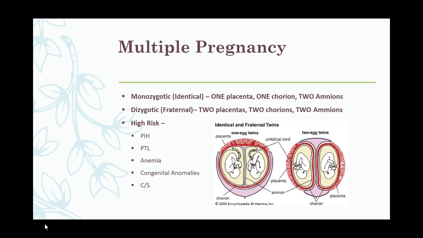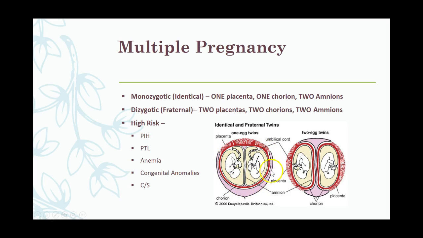All right, so let's look at this. So this is our mono twin, okay? This one on the left. We have one placenta. We have one chorion.